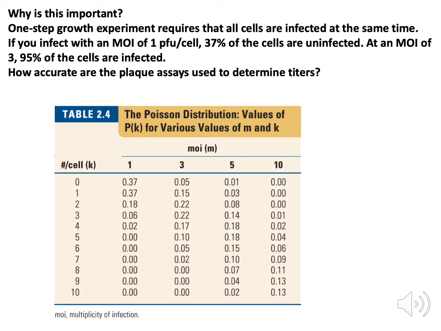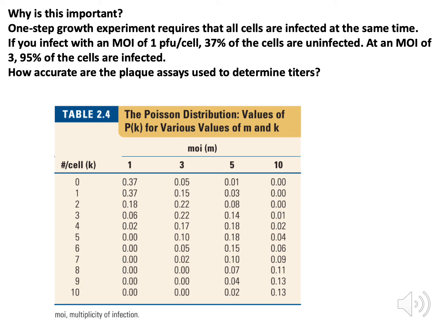So why is this important? The Poisson distribution is relevant to a one-step growth experiment because a one-step, if you really want it to be single cycle, requires that all of the cells are infected at the same time. So if you infect with an MOI of 1, statistically, only 37% of the cells are infected.